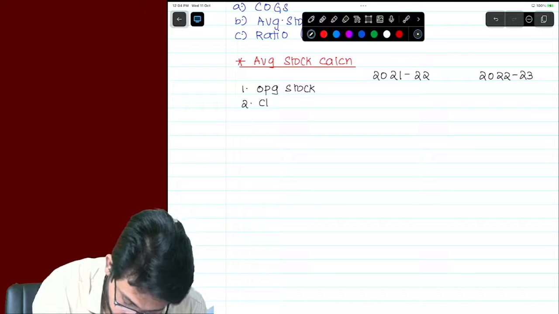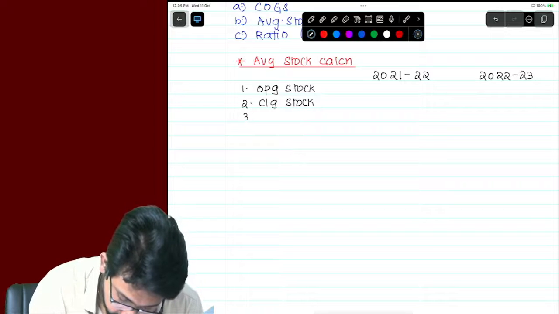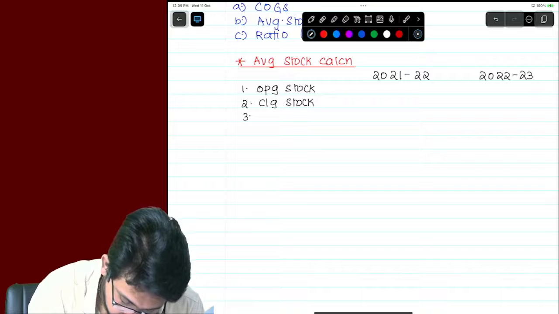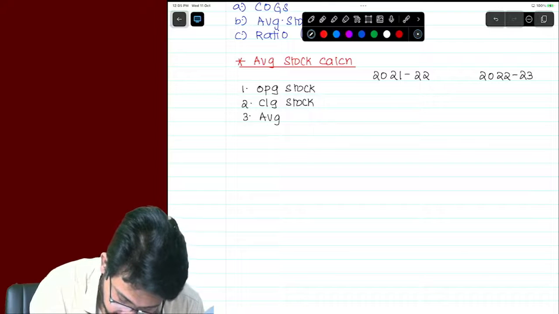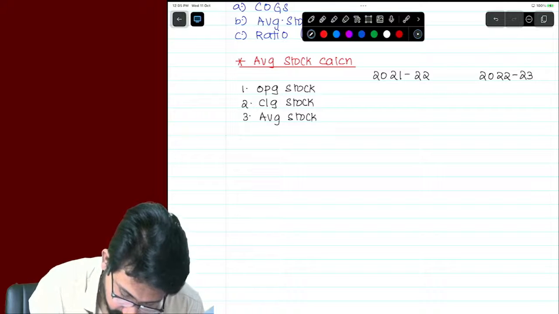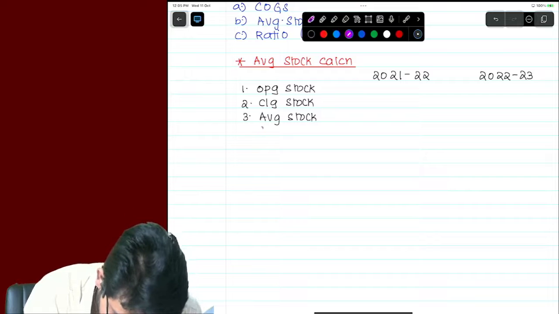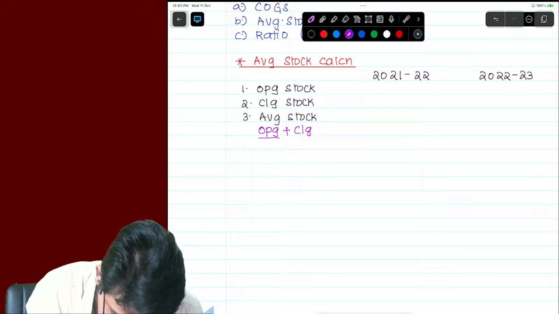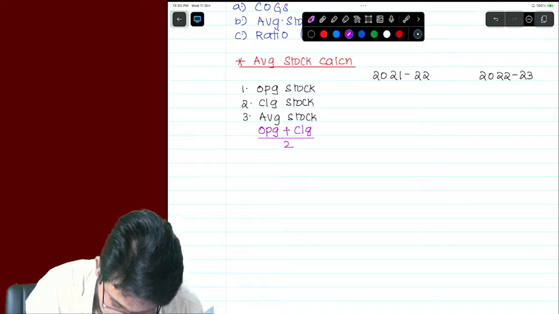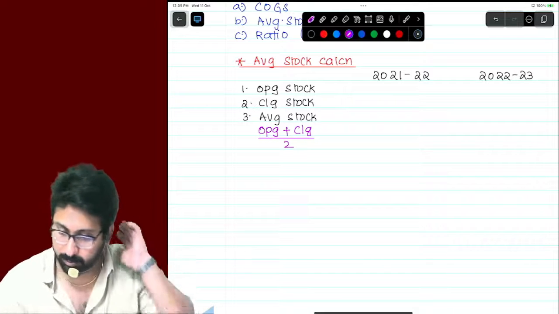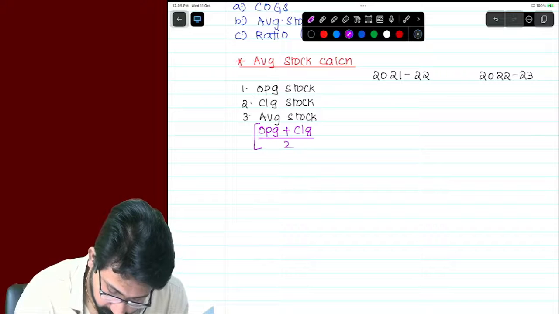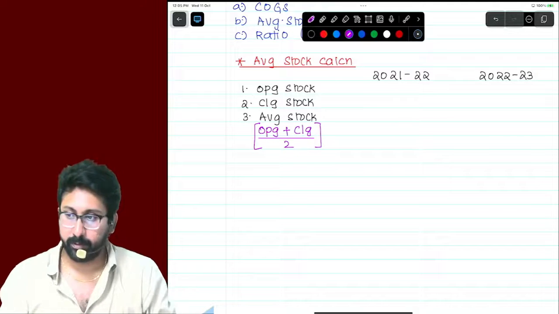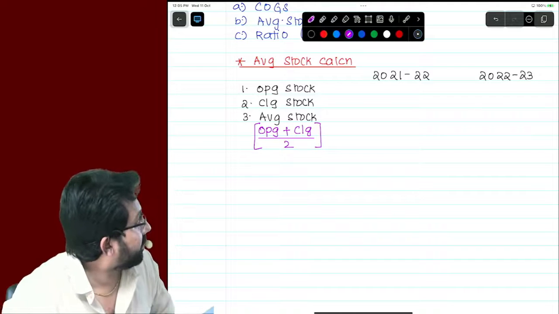Number 2, closing stock. Number 3, average stock. What is the formula for the average stock? Opening plus closing divided by 2.